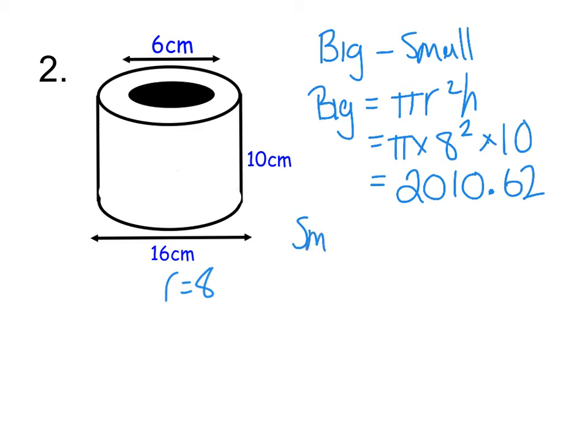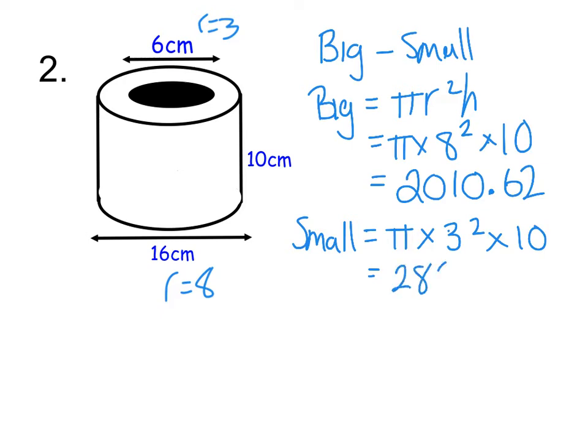The small one will be pi times, I'm going to skip my actual full formula here. So pi times, and the radius of the inner one is 3. So pi times 3 squared times the height of 10, and that gives me 282.74.